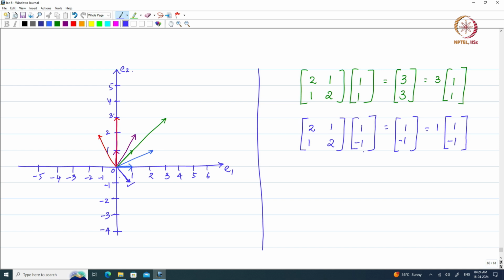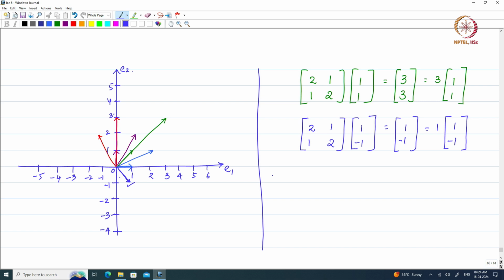That means we see that in these two cases alone the direction of the transformed vector and the direction of the input vectors are the same, except that the effect of the matrix A on the vector 1 1 or 1 minus 1 was just to scale the vector and not do any kind of direction change.